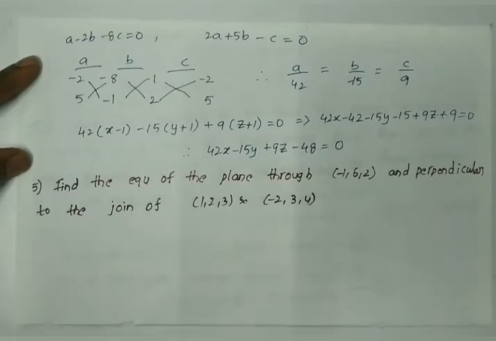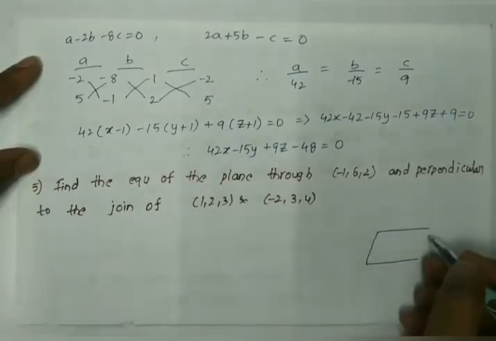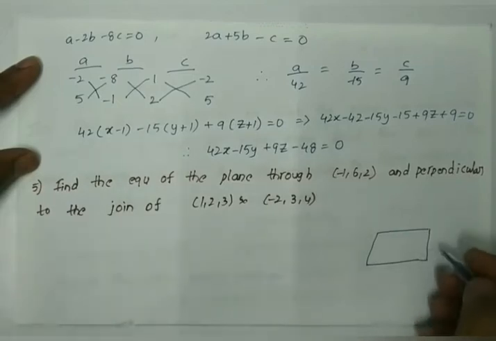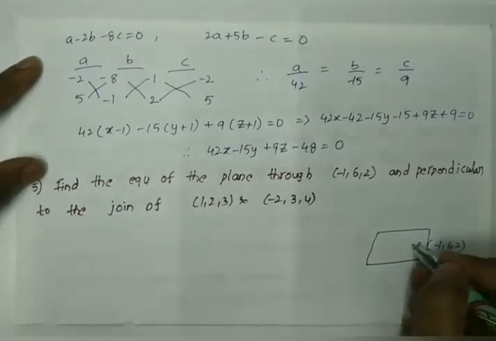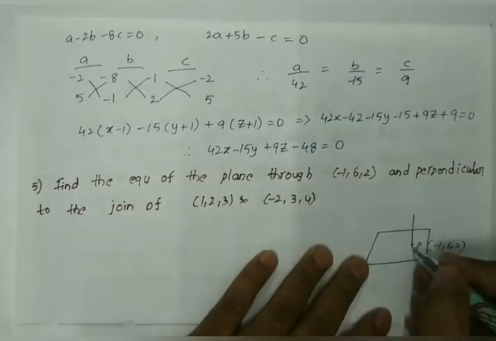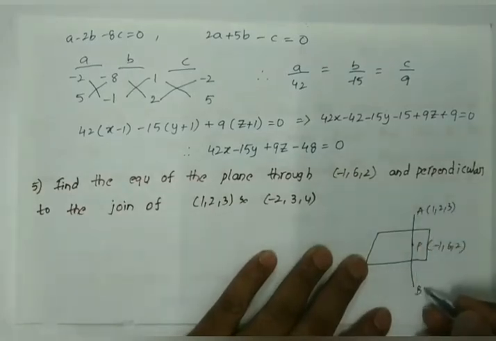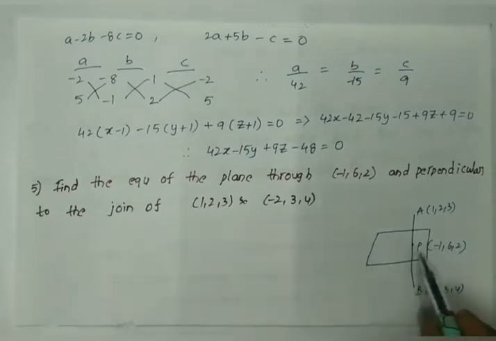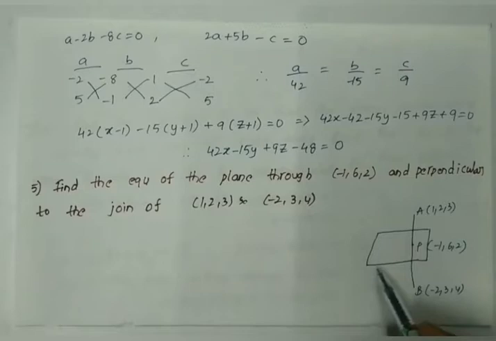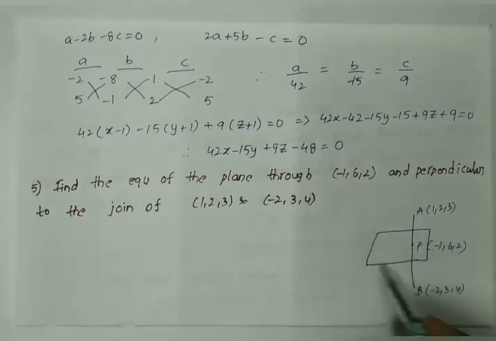So for solving this problem, let us consider the plane which is passing through the point -1, 6, 2, and which is perpendicular to the line joining of the points A, 1, 2, 3, and B, -2, 3, 4. Now we want to find the equation of the plane.